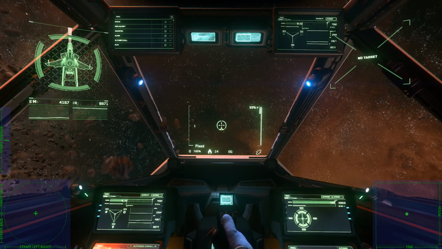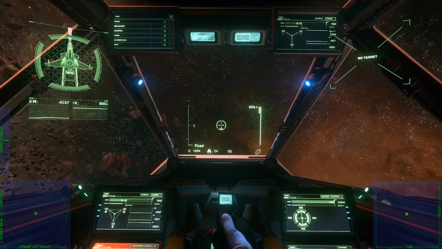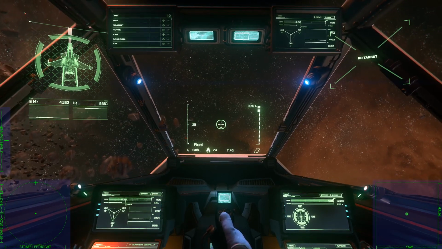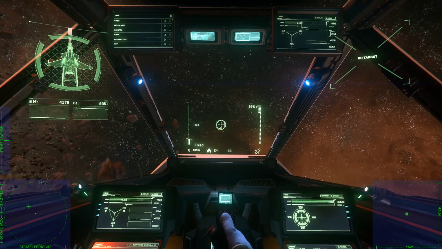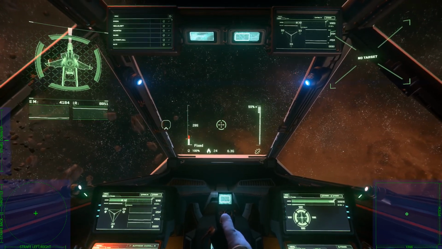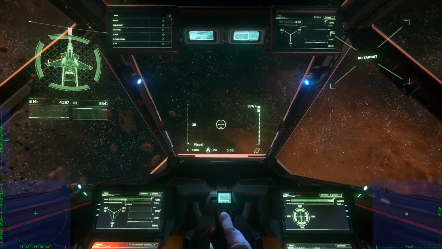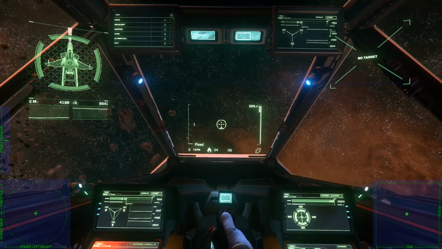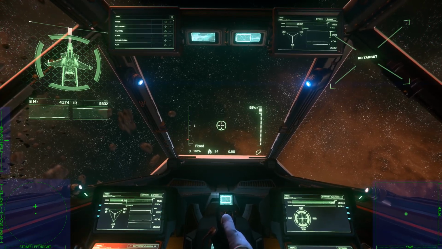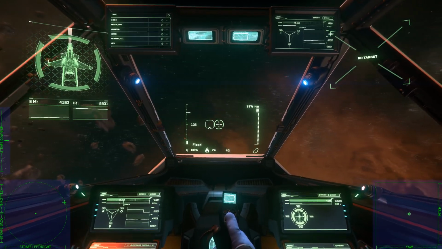So what I did was I bound the magnitude of that. So for example, if I'm forward 50%, then it's 50%. If I'm left 50%, it's 50%. And if I'm forward and left, it's like the square root of 2 times 50% or whatever. And so the magnitude of that, I bound that to speed limiters. So you'll see the speed limiter go up and down depending on what my input is.